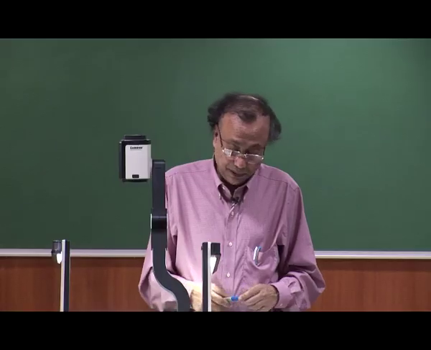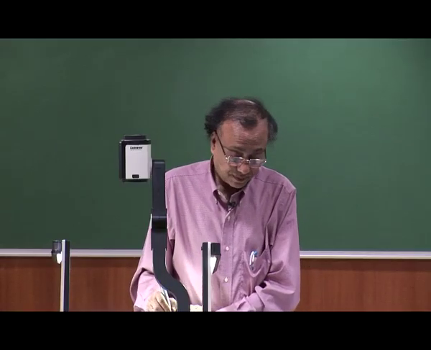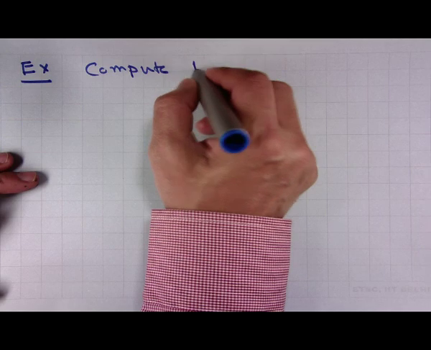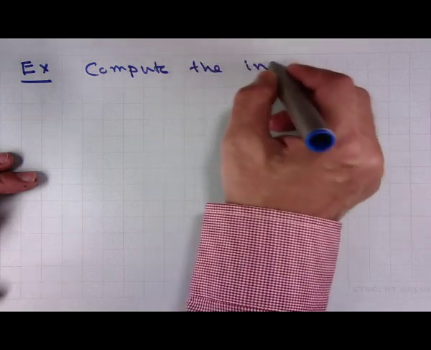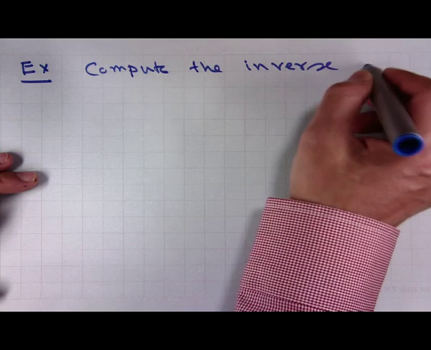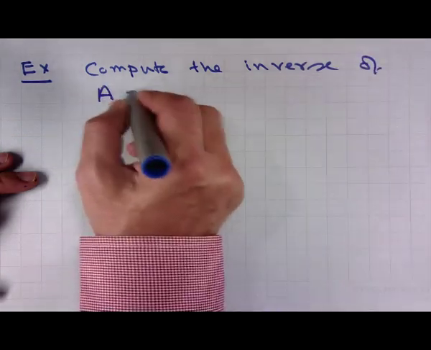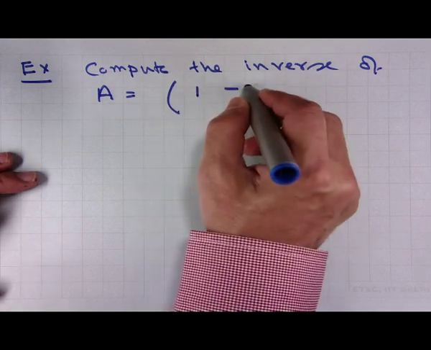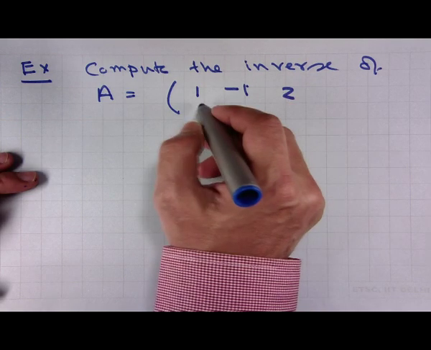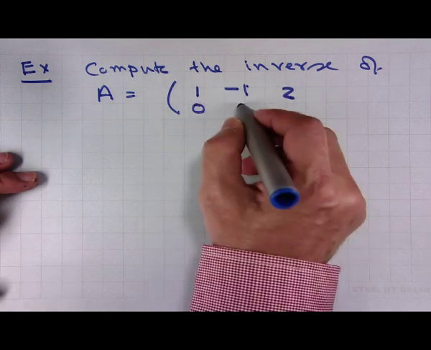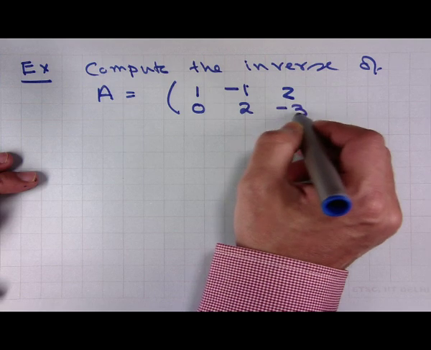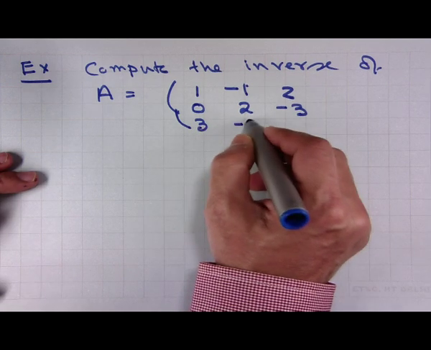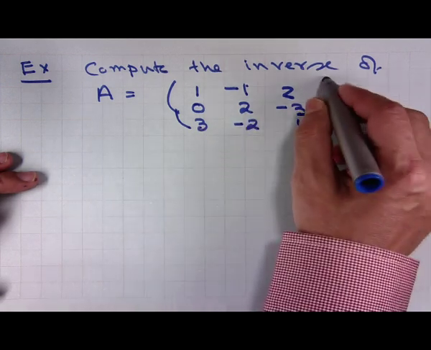Let me give an example. Compute the inverse of A equal to the matrix with rows 1 minus 1 2, 0 2 minus 3, and 3 minus 2 4.